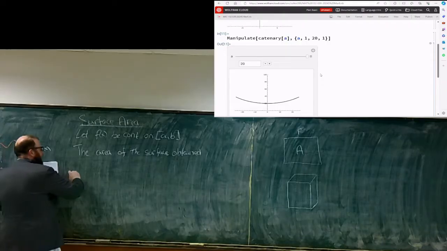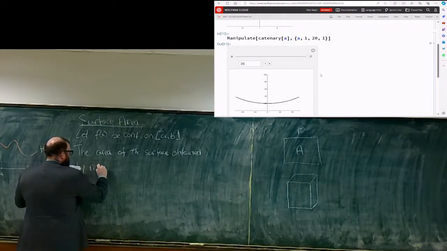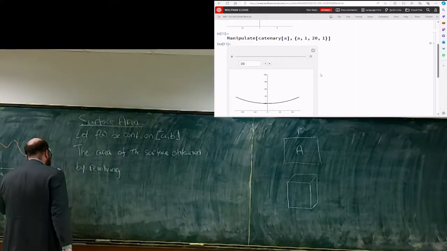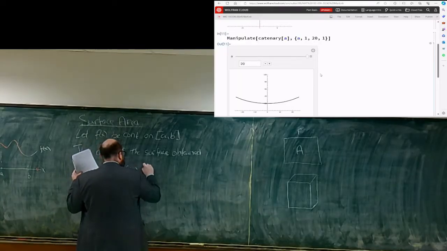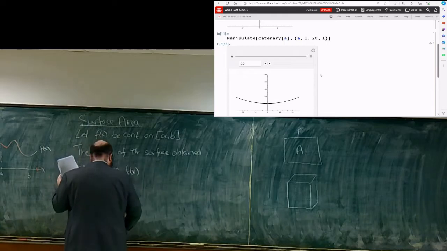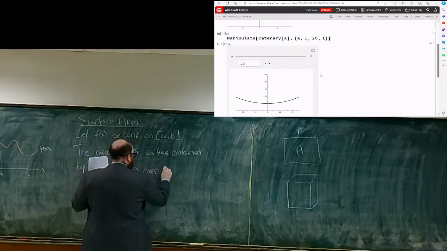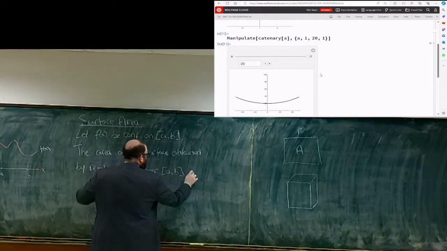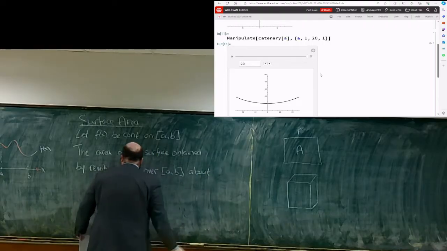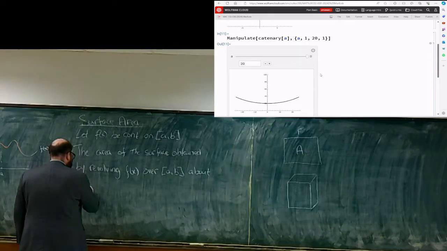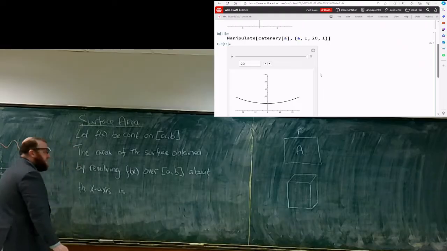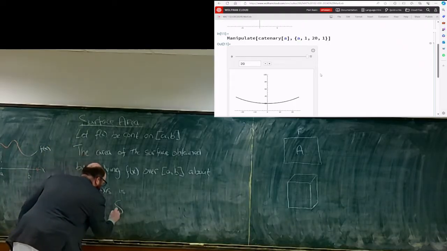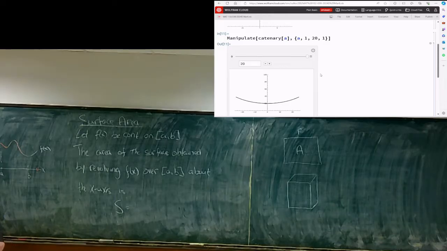Area of the surface obtained by revolving f of x over the interval a to b about the x-axis is, we use capital S for surface area.